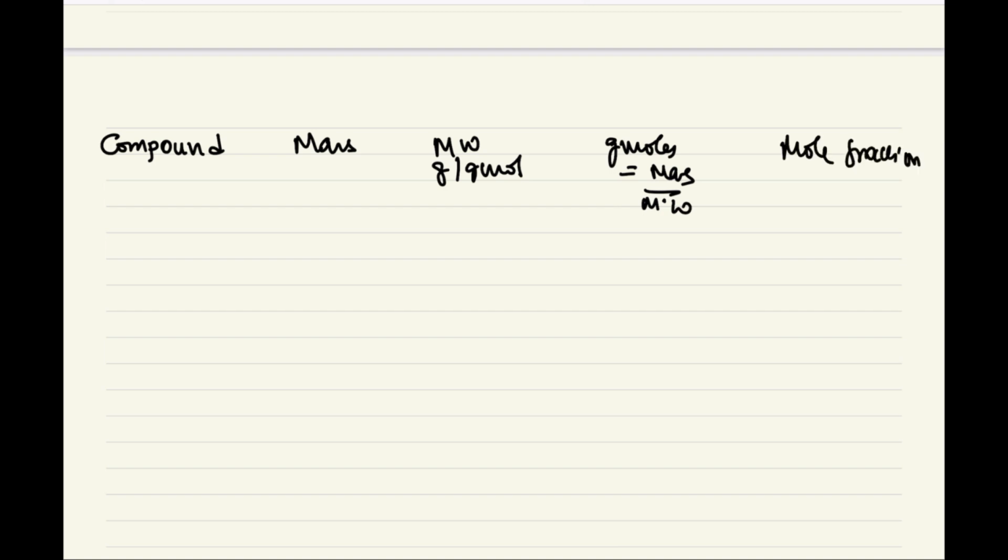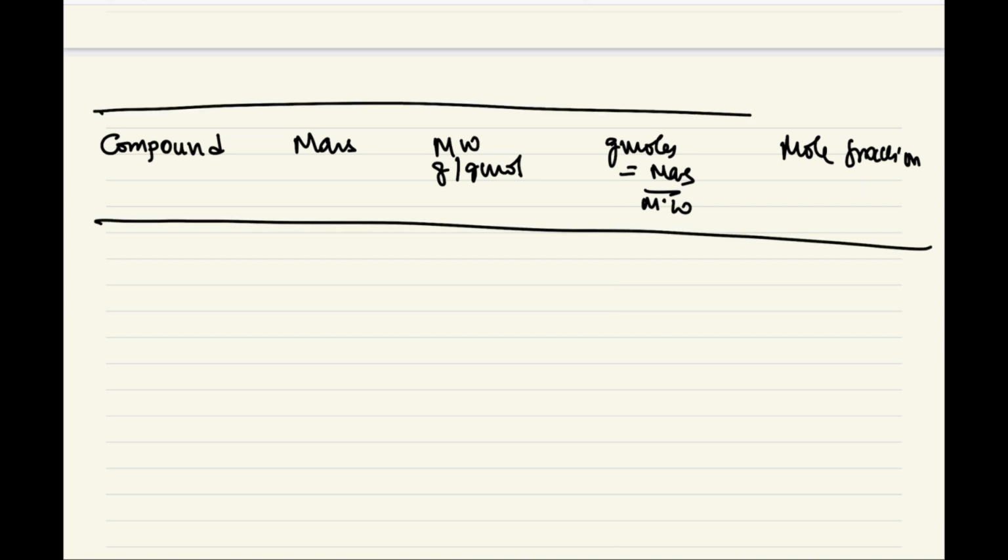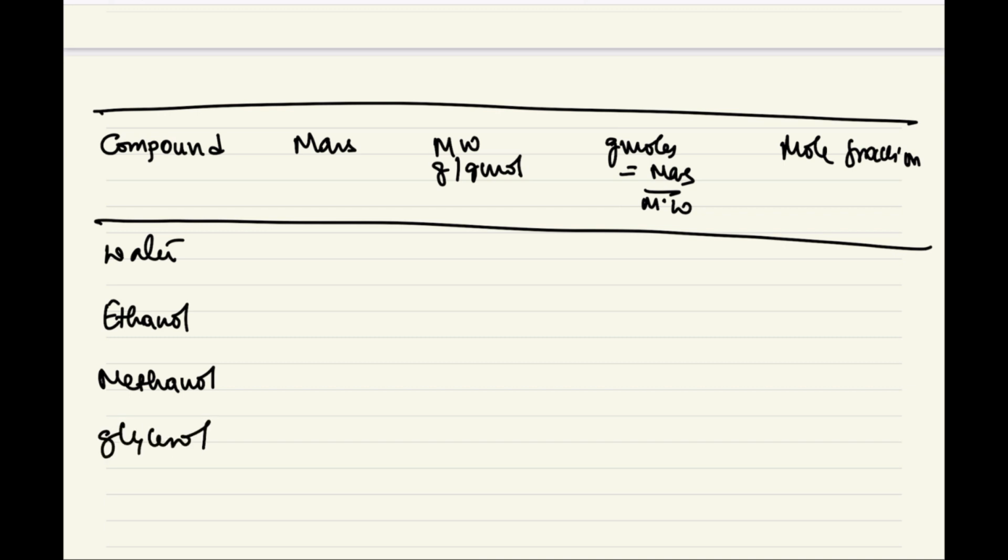We can just make a table like this. It is easy to do the calculation. So what is the compound given? Water is given, ethanol is given, methanol is given, glycerol, acetic acid, and the last component is benzaldehyde.